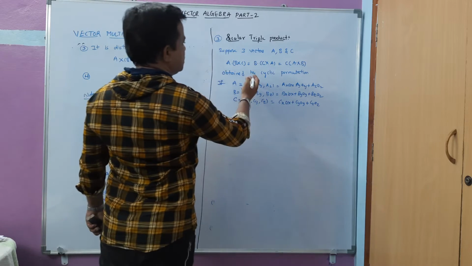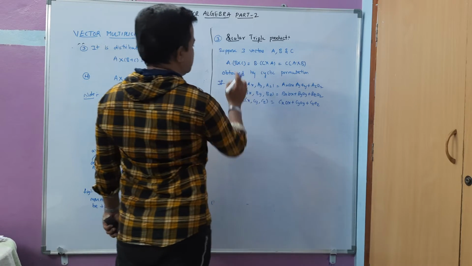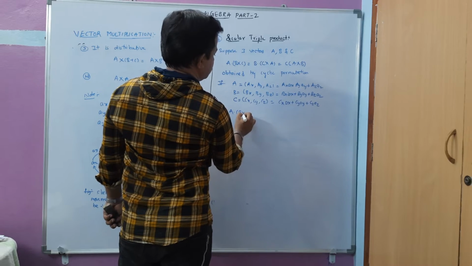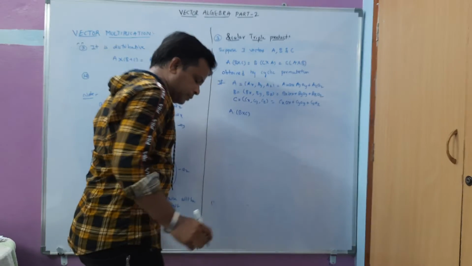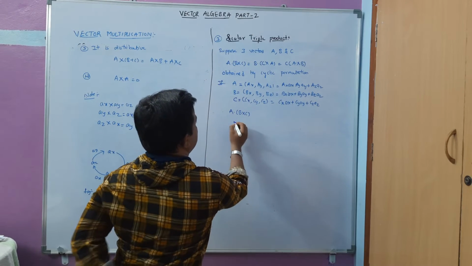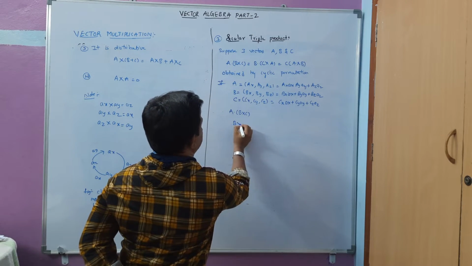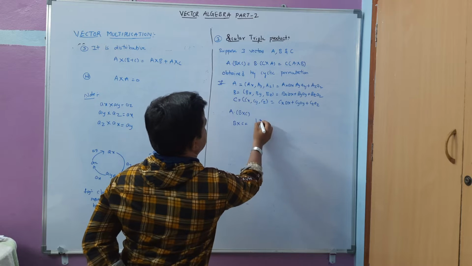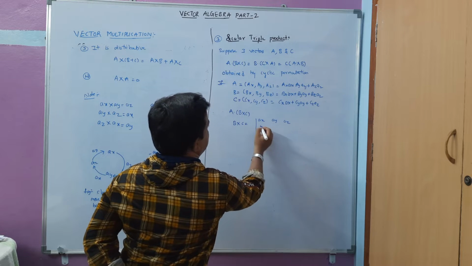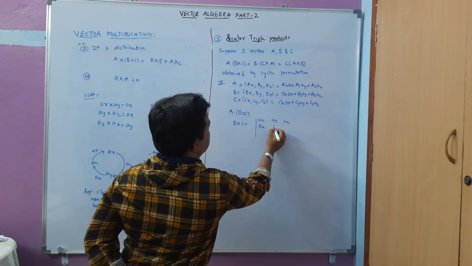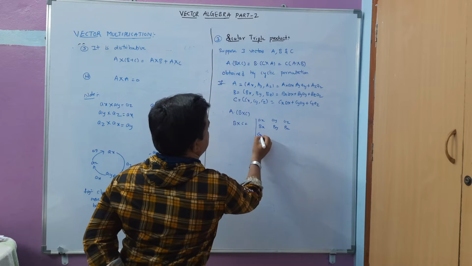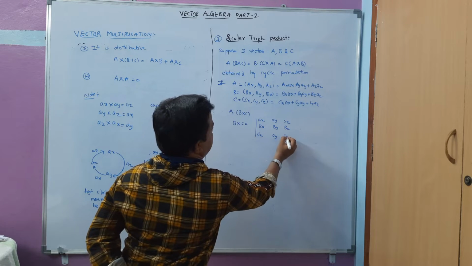Now let us perform this first, that is A dot B cross C. In order to do that, first I have to take the cross product here, and after that we will take the dot product. B cross C is equal to the determinant with rows AX, AY, AZ; BX, BY, BZ; CX, CY and CZ.